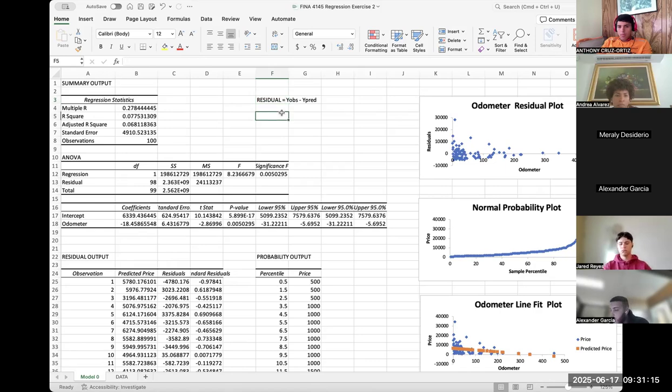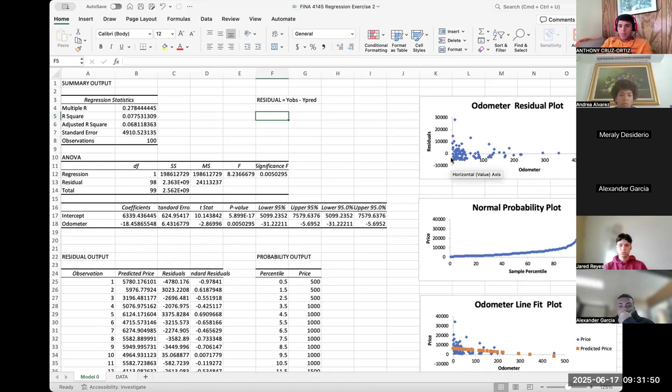And what you expect is that the residuals are normal and randomly distributed around zero. There shouldn't be a pattern in the residual plot. So we use residuals as y and the variable odometer, and we see that it's not like that.